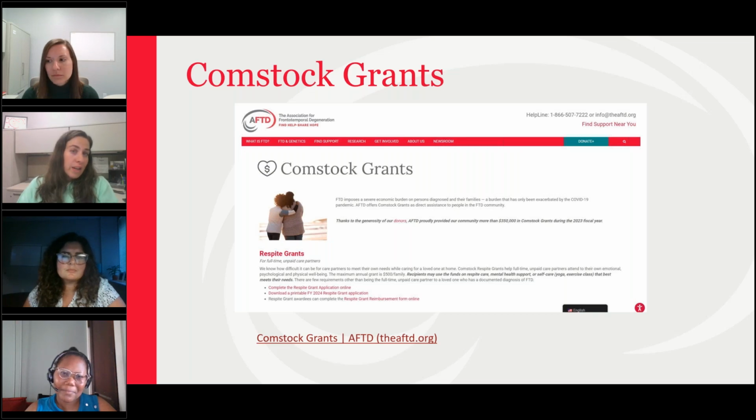For the Quality of Life grant, that is really for the person with FTD and their needs. So whether that's a new pair of sneakers because they're walking all the time, whether that's a hobby that they have that may cost a little bit more money than you have in the budget, that's where this money really can come into play and to support that person with FTD and their needs.